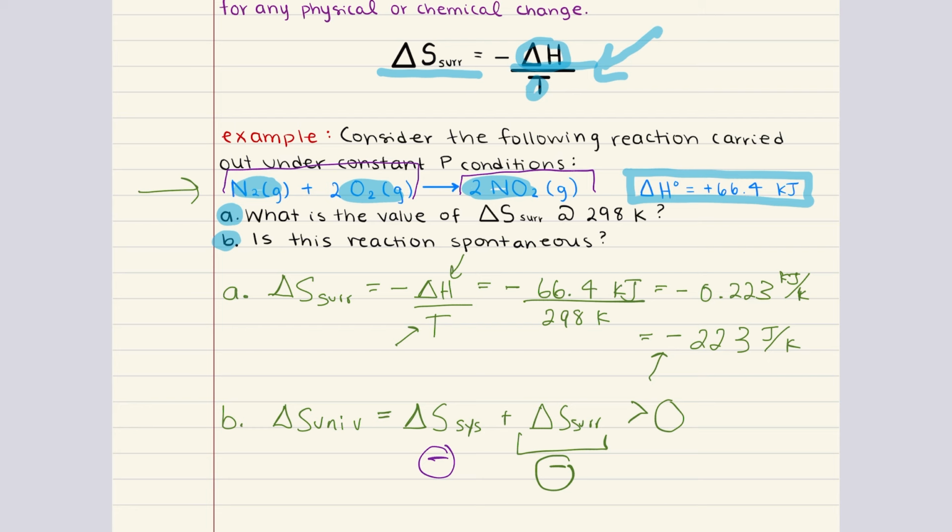Since delta S of the system and delta S of the surroundings are both negative, then delta S of the universe must also be negative. Now, we know that in any spontaneous process, the entropy of the universe increases. So since that's not the case, since delta S of the universe is negative, this reaction is not spontaneous. And with that, we've solved this practice problem.